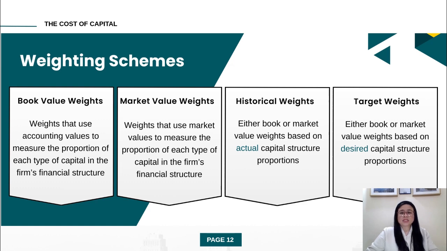A company wants its capital structure to be 40% debt, 60% equity. If current market values are different, it will adjust future financing to reach this target. It is good for long-term financial planning actually. So historical weights and target weights are used for the future and better planning.